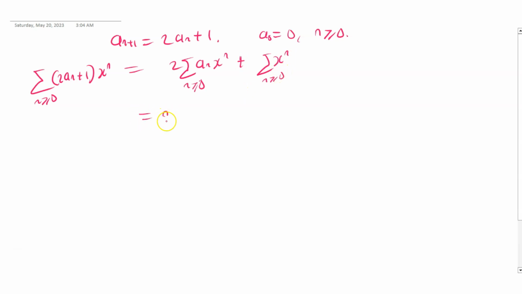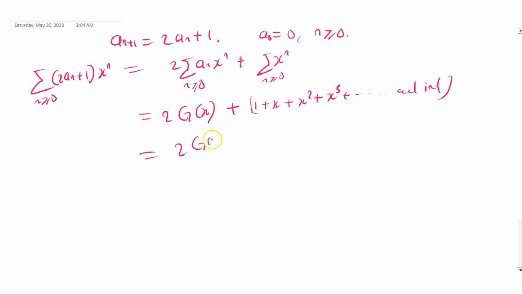This will be twice g of x, plus now this sequence will be 1 plus x plus x squared plus x cubed up until infinity. Then this would all become 2 times g of x plus 1 over 1 minus x.